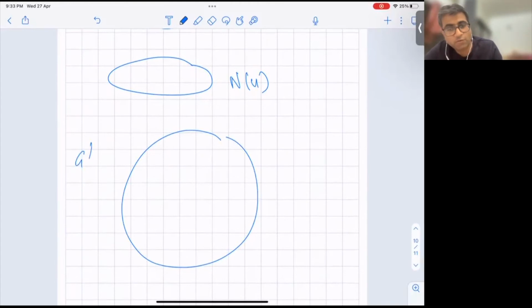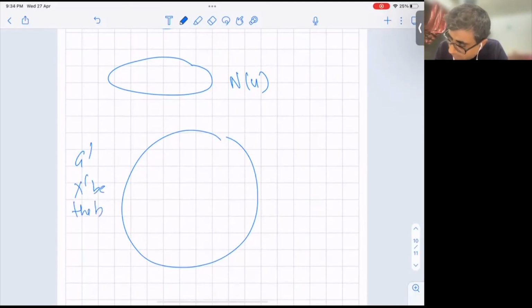Now look at the LP value, the best LP value. Let's call that X prime. X prime be the best LP solution for this G prime.